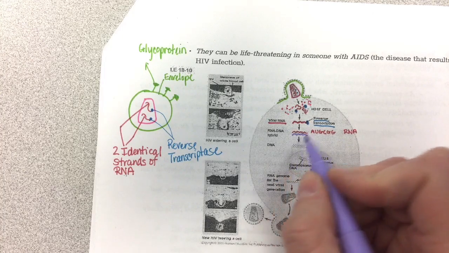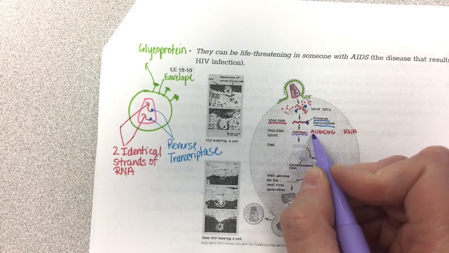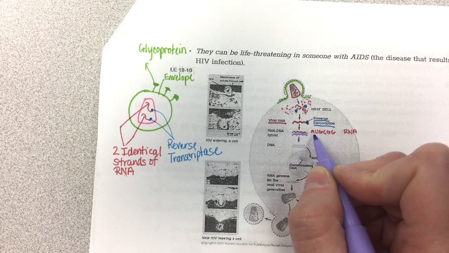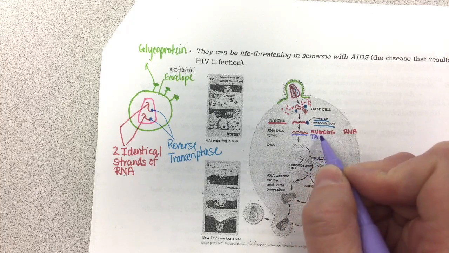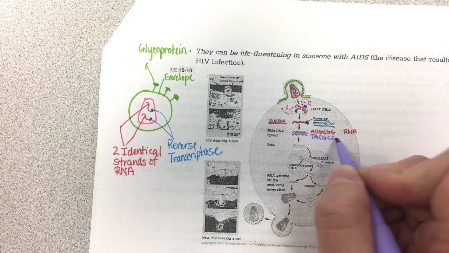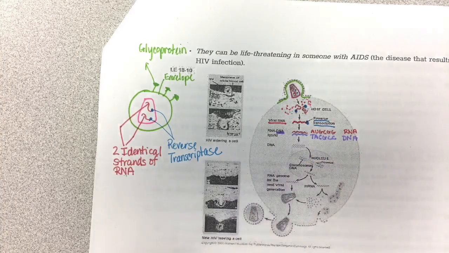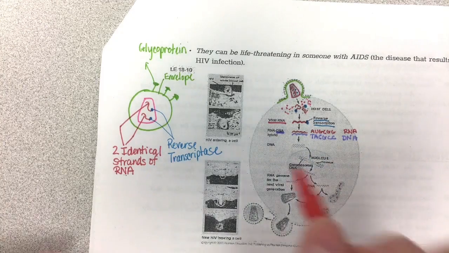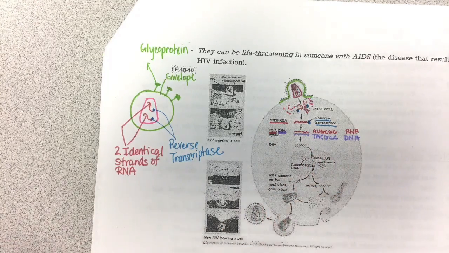The DNA that would match up with the order of bases in the RNA: what goes with the A? You'd have a T, since it's DNA. What goes with the U? A. Then C, G, C, C. So that's your DNA. This is your purple DNA, RNA hybrid. We use the RNA as a template to make the DNA strand.